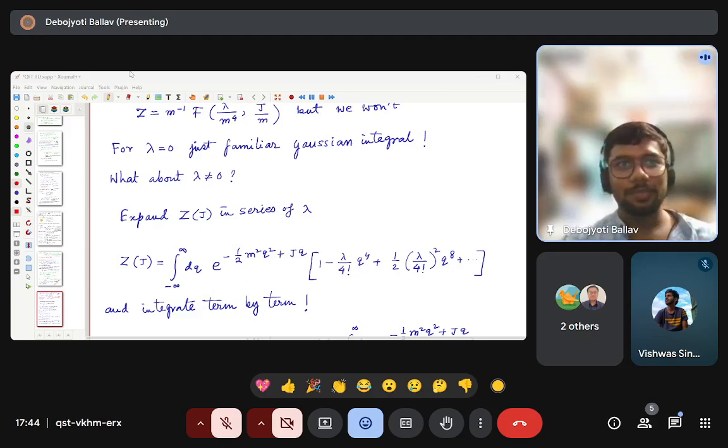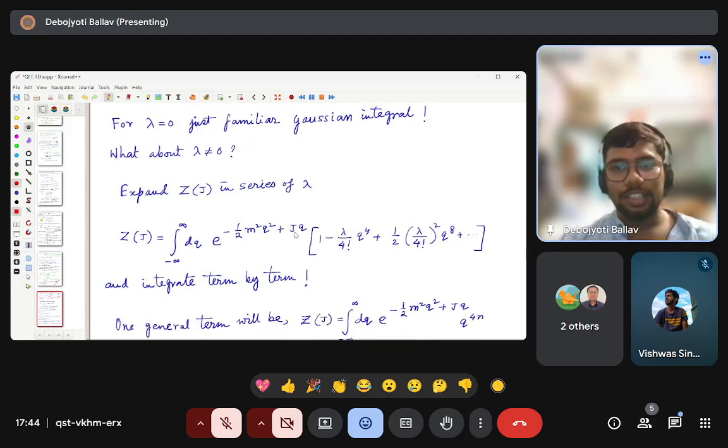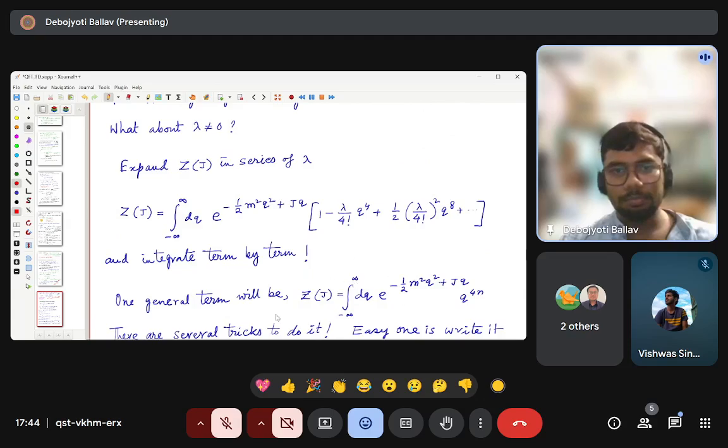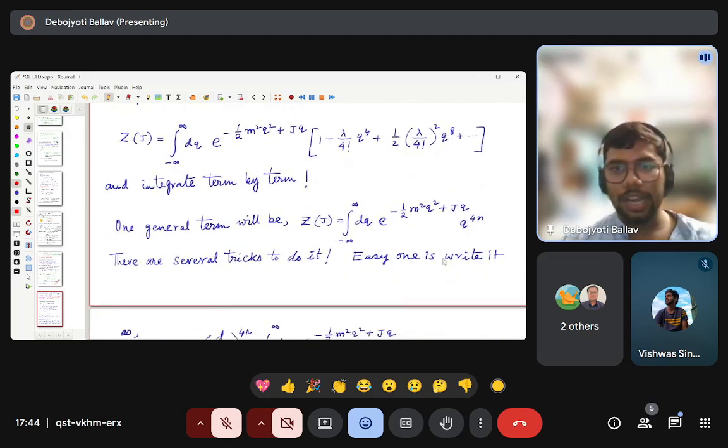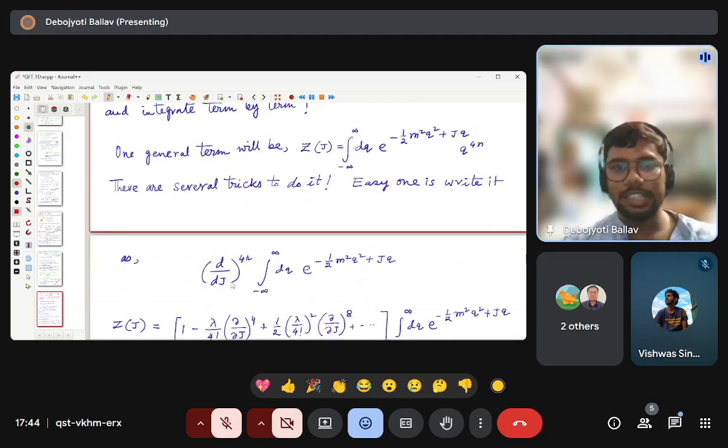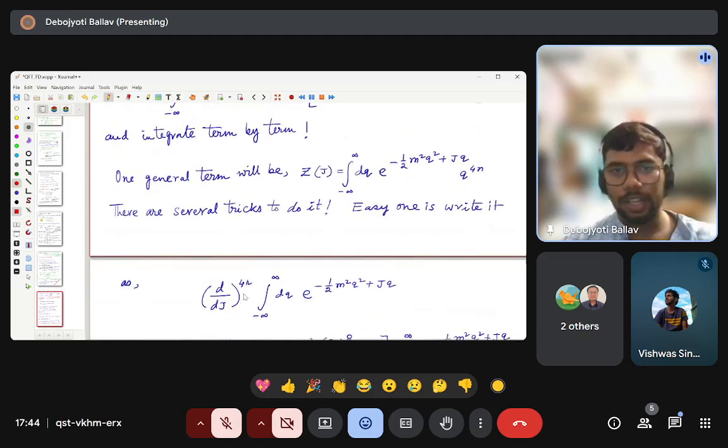You see, just observe that a general term will be like this. So this Gaussian probability distribution kind of thing times q to the 4n. But this you can write as d/dj to the 4n of this integral.